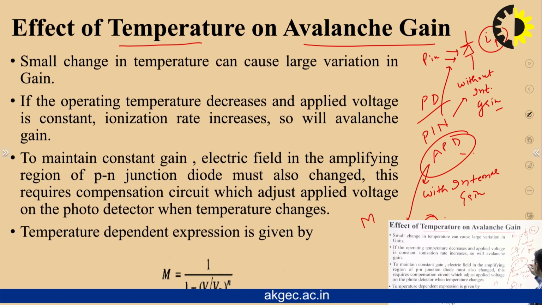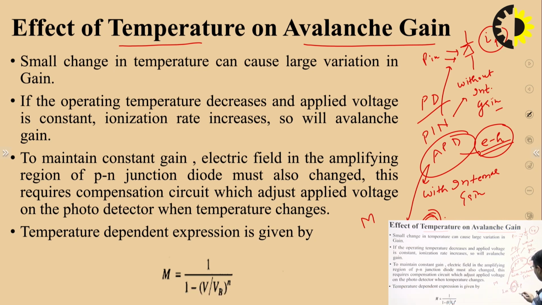So in the case of APD, because of secondary carrier generation, electron hole pairs keep on increasing, and because of these additional electron hole pairs, due to avalanche effect or impact ionization, we get this additional factor M known as the internal gain. Now in this topic we will study what is the impact of temperature on the avalanche gain.